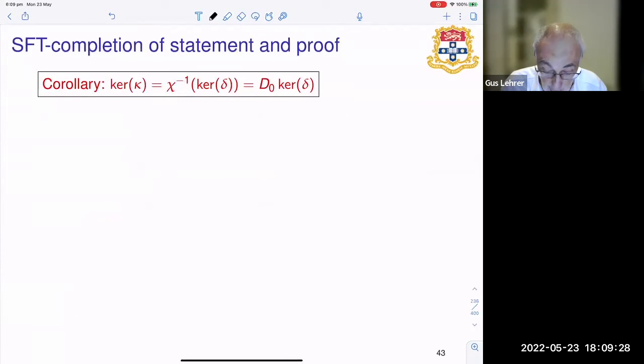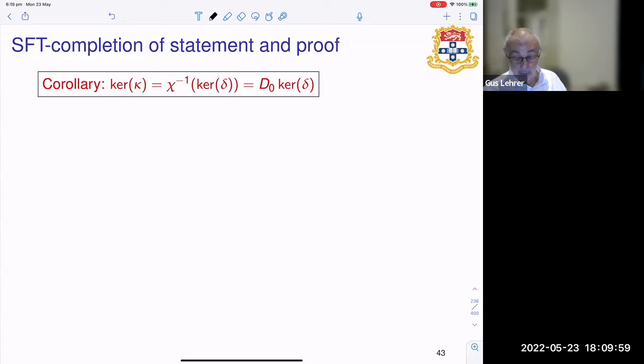I think what we'll do today is just draw the following conclusion, that the second fundamental theorem can be characterized. We need to understand the kernel of kappa. So if you look back at that commutative diagram we had, the kernel of kappa is the same as the inverse image of the kernel of delta.